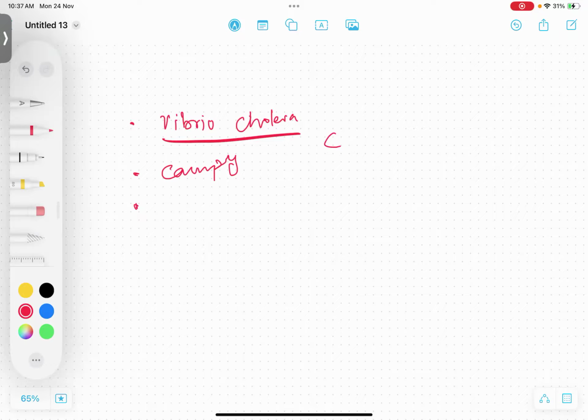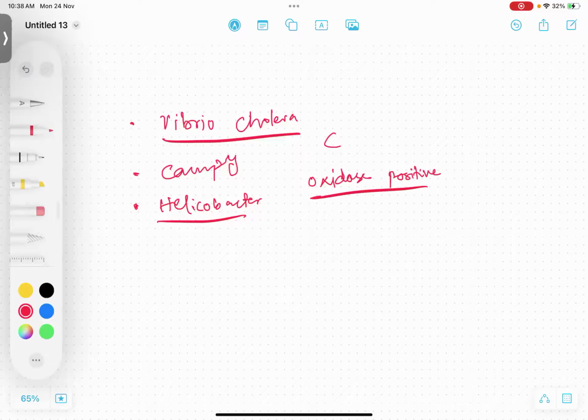Another bacteria in the same group is Helicobacter pylori, H. pylori. All of these are oxidase positive organisms.